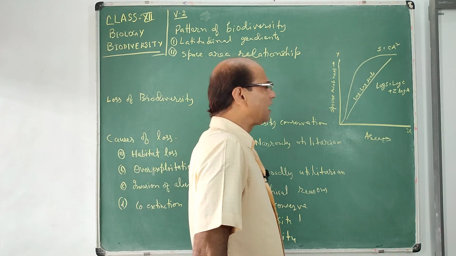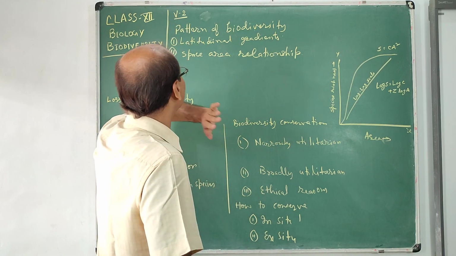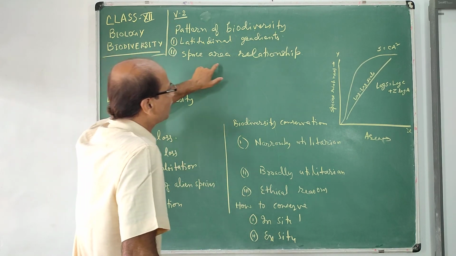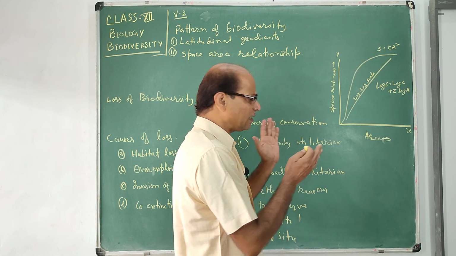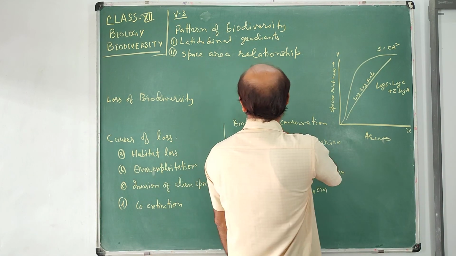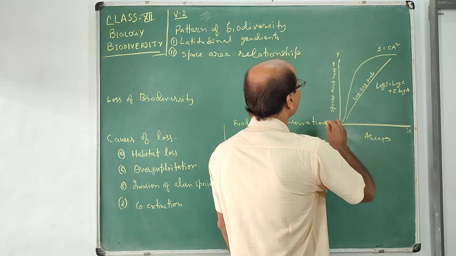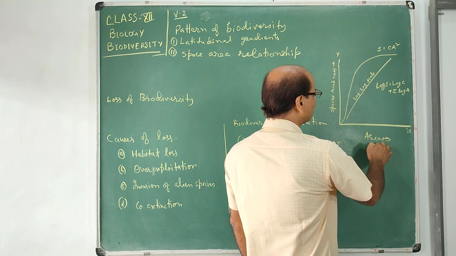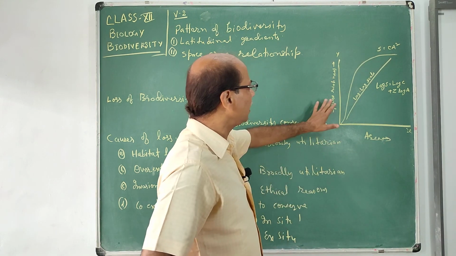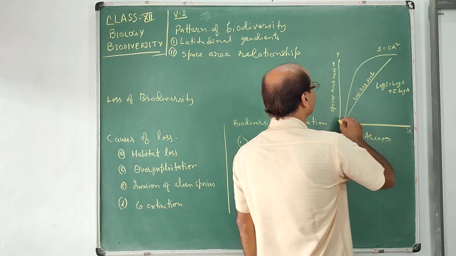Now we discuss the next pattern of biodiversity, the species-area relationship. Here you will see species richness and area. According to this, the curve goes up.